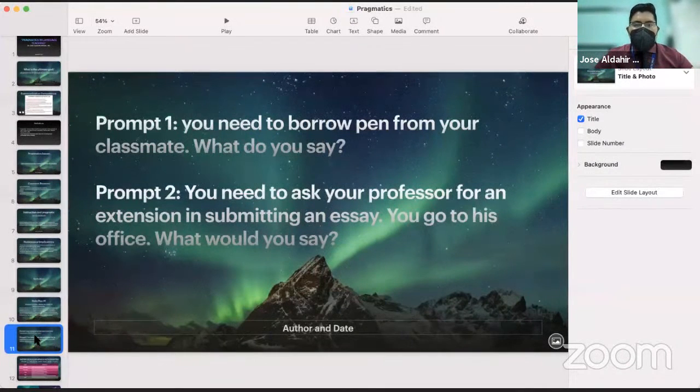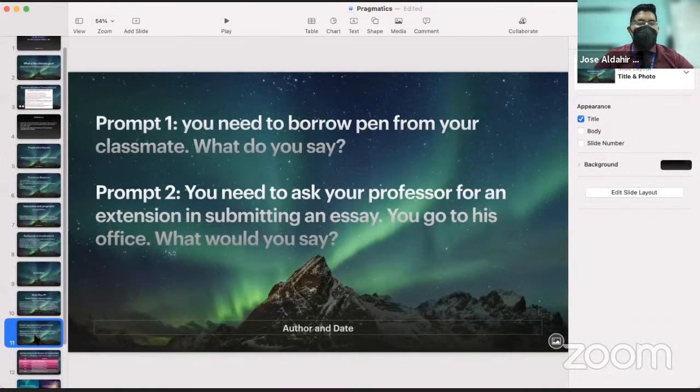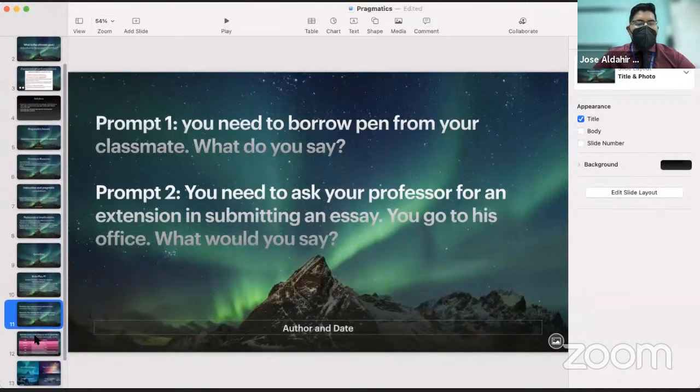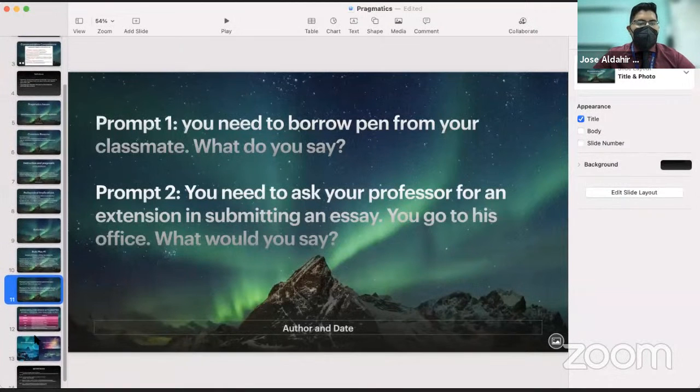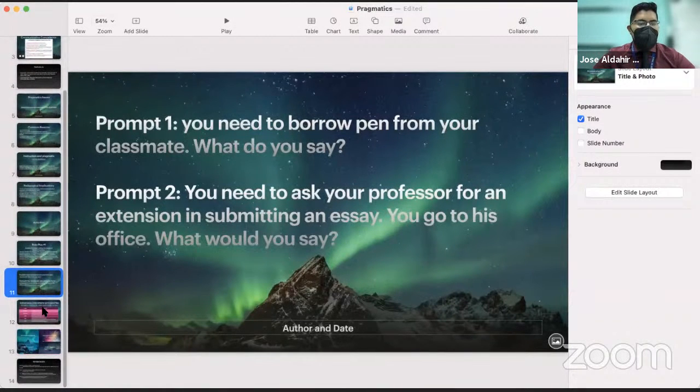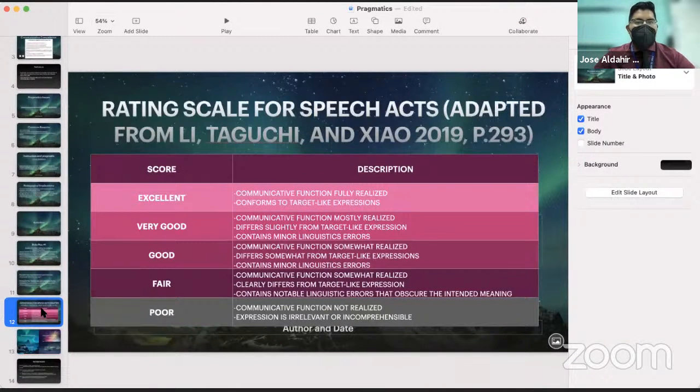Do you need to ask your professor for an extension? What do you say? You have to refuse an invitation because something happened to you, right? And that way we will create different situations, and they will understand a little bit better how to elaborate their conversations or their speech acts, right?